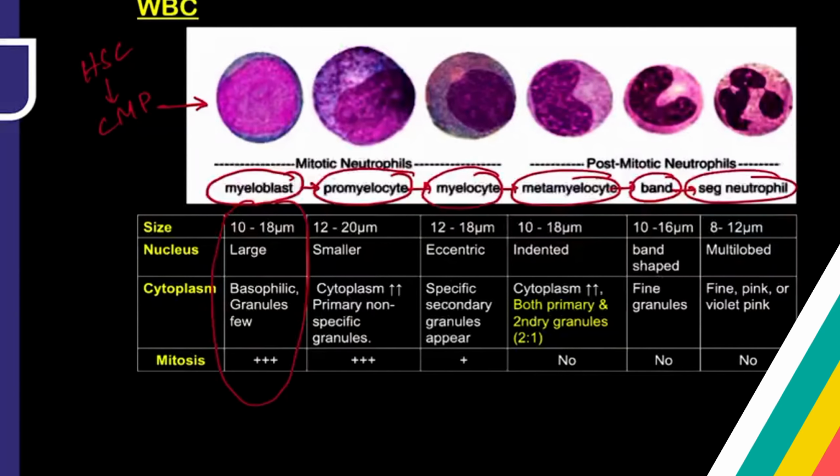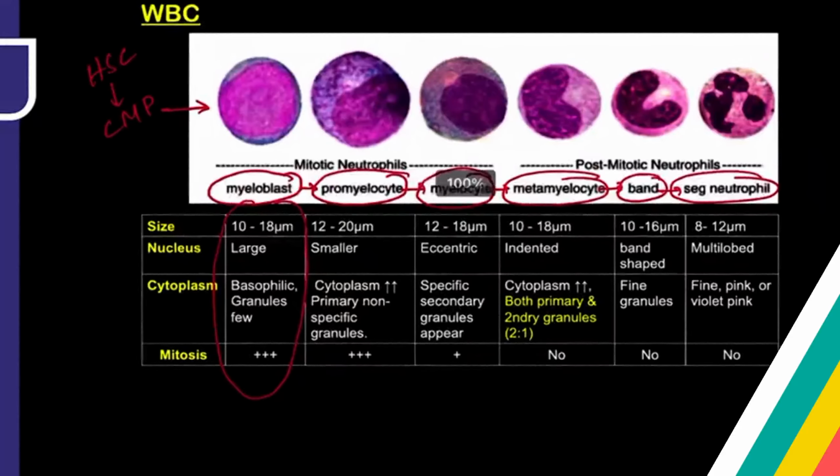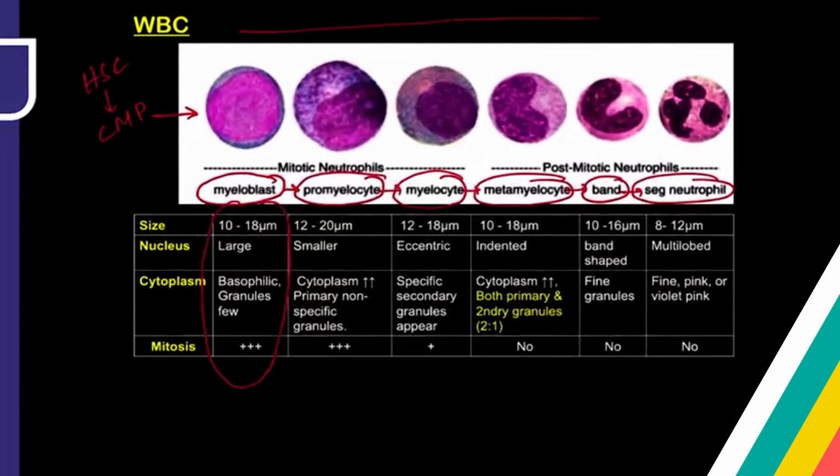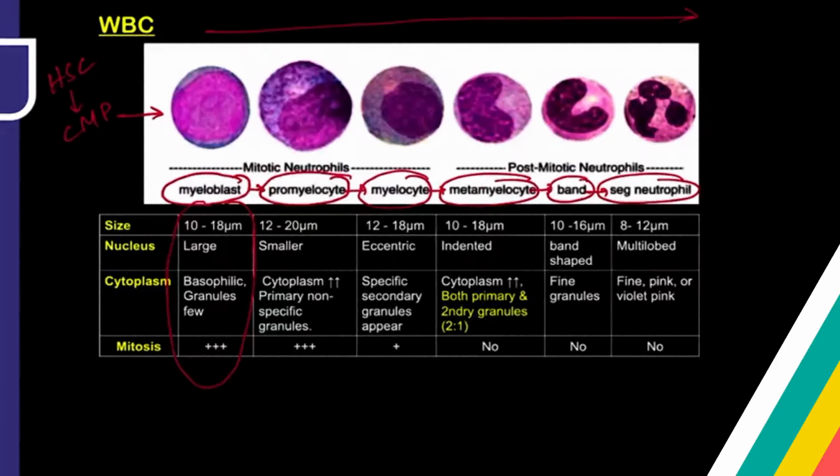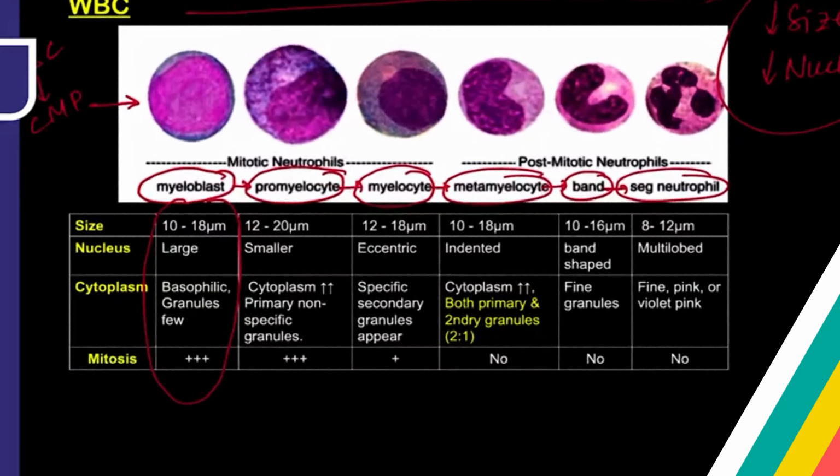But what I have to remember here, we have seen earlier that with more and more maturation of the cell, the size of the cell will be reduced, and the nucleus size will also decrease. Hemoglobin is not here, so we don't have to comment about hemoglobin. But look here. If you look at the size of the cell, myeloblast has a size of 10 to 18 micrometer, but this promyelocyte has a size of 12 to 20 micrometer.